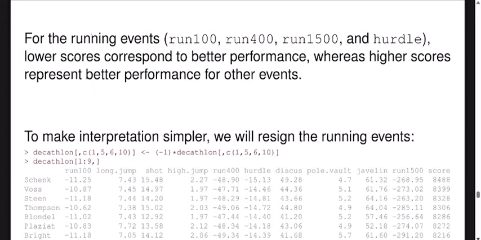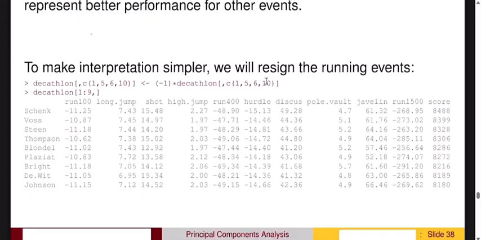Because of that, something needs to be done to my data. What do I need to do to my data? Look at what I'm doing here. Please pay attention. Columns 1, 5, 6, 10. This is 1, 2, 3, 4, 5.